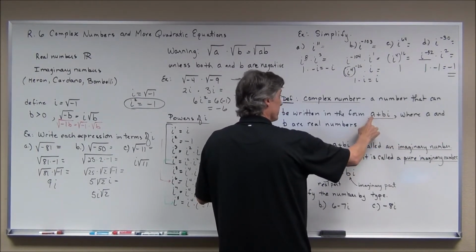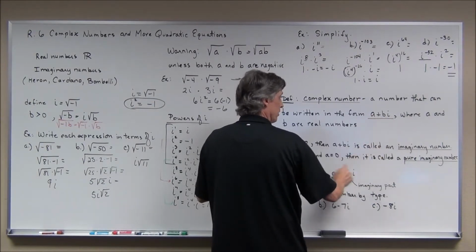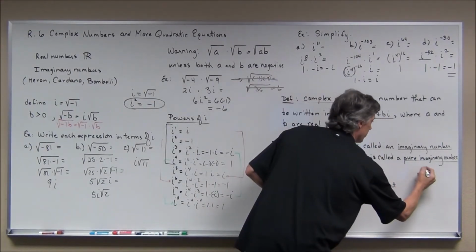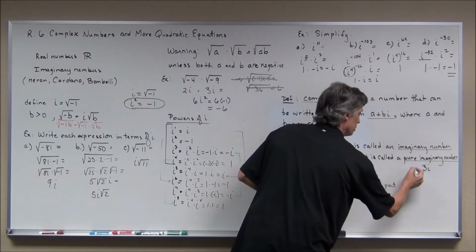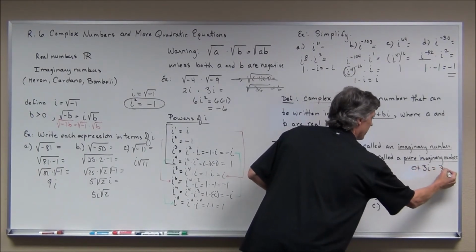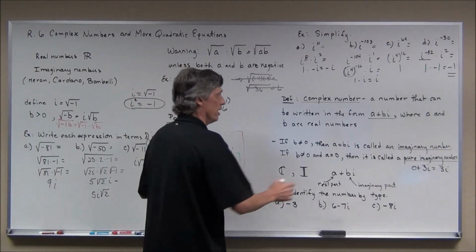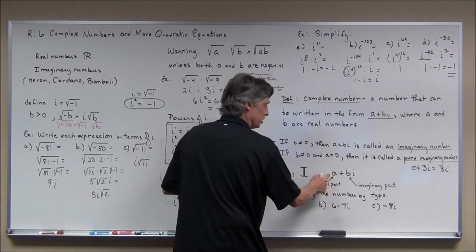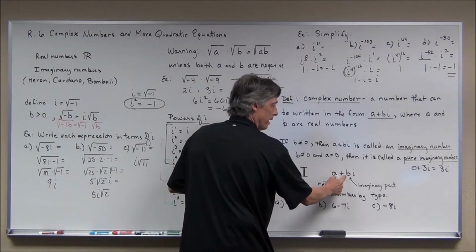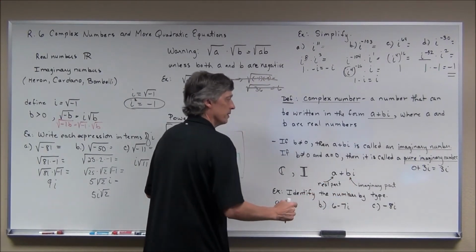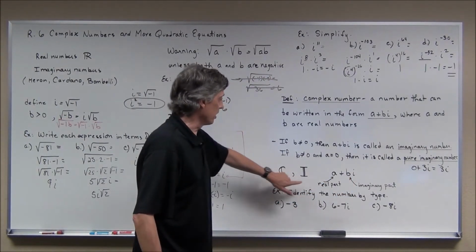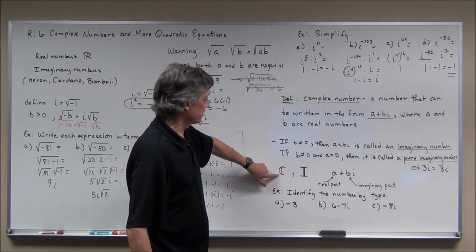Now, if a is 0 and b is not 0, then you have something maybe like 3i, or 0 plus 3i, which is 3i. This is referred to as a pure imaginary because there's no real part. In a plus bi, the a is the real part, the b is the imaginary part because it's times the i. Now these two symbols here, I've seen this symbol many times. This symbol represents the set of all complex numbers.